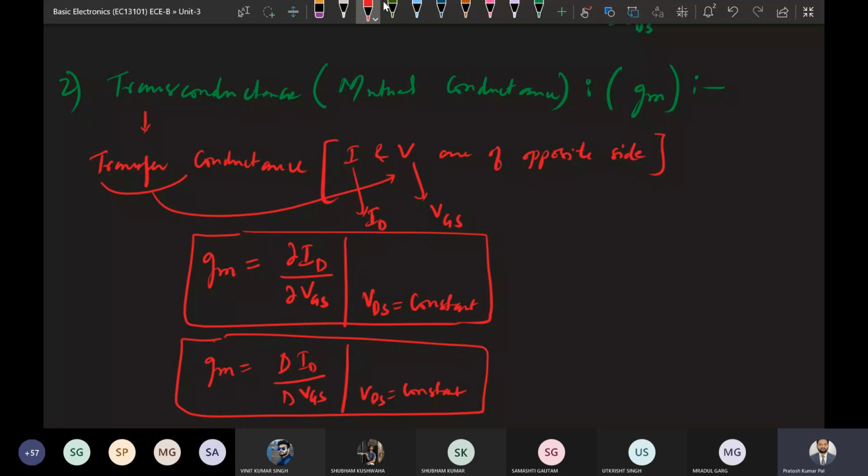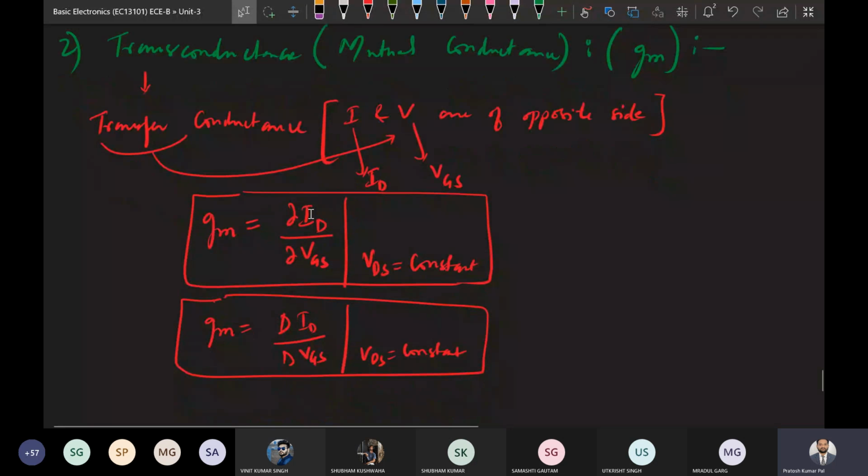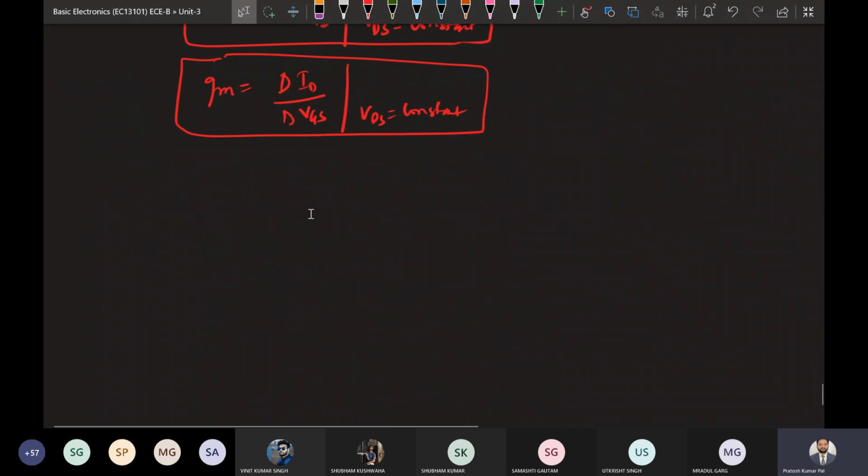So similarly we can obtain the transconductance either by transfer characteristics or by using the drain characteristics. Okay, so we will just see in case of transfer characteristics.